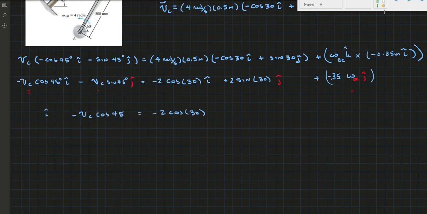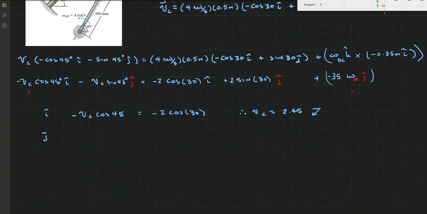So the i term first, and as it turns out there's only one unknown here, and we can solve for it. So VC equals 2.45. Turns out to be positive, which means our direction was correct.